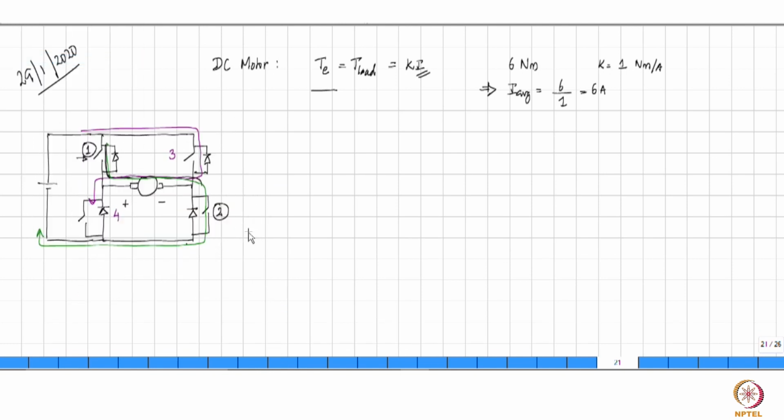So, this is the circuit that we have. We have switches 1, 2, 3 and 4. Now let us say that I am going to operate the switches in this manner.